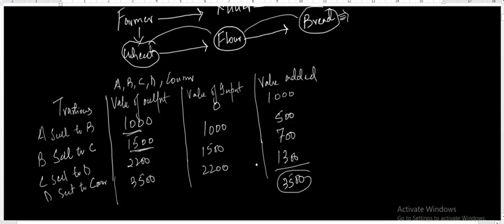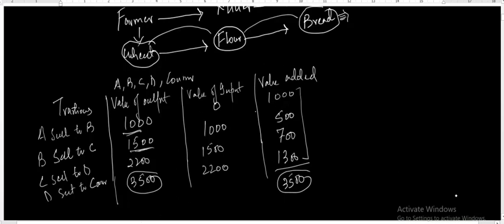We can look at it from this side or from that side, and in both cases it is going to be the same. If we add the value added, or take the final value of the bread, it is the same. Therefore this is how we take into consideration the value added and remove double counting by taking only the value added into the economy.